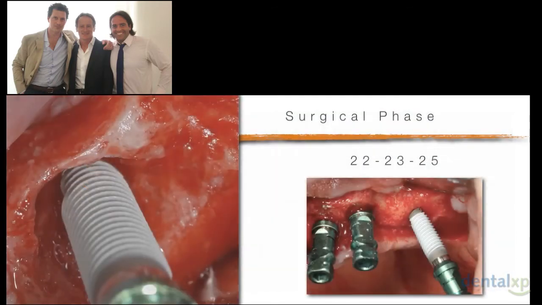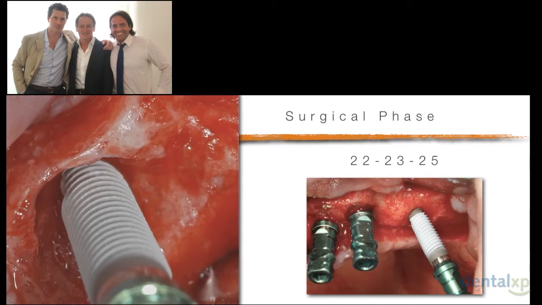So, the surgical phase: you see here the left side of the patient, post-extraction sites, non-post-extraction sites. This is a surgery that has to be planned carefully, and the biological aspect has to be really taken into consideration, where to place the head of the implants, because from a prosthetic point of view it's really important.